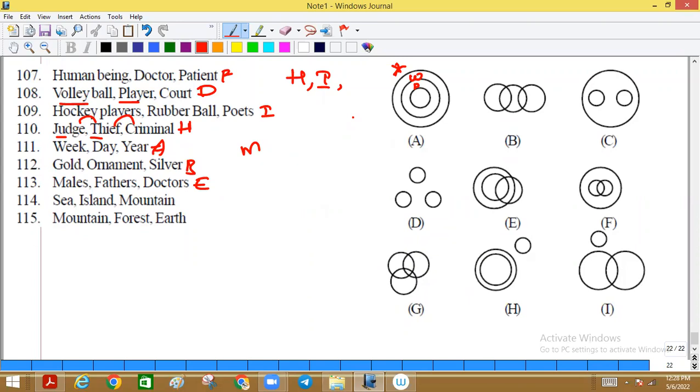What is the largest mountain in the Andaman and Nicobar Islands? Barren Island is a dormant volcano. That is only important generally. What is the answer? Sea, island, mountain. Which option is the better option?